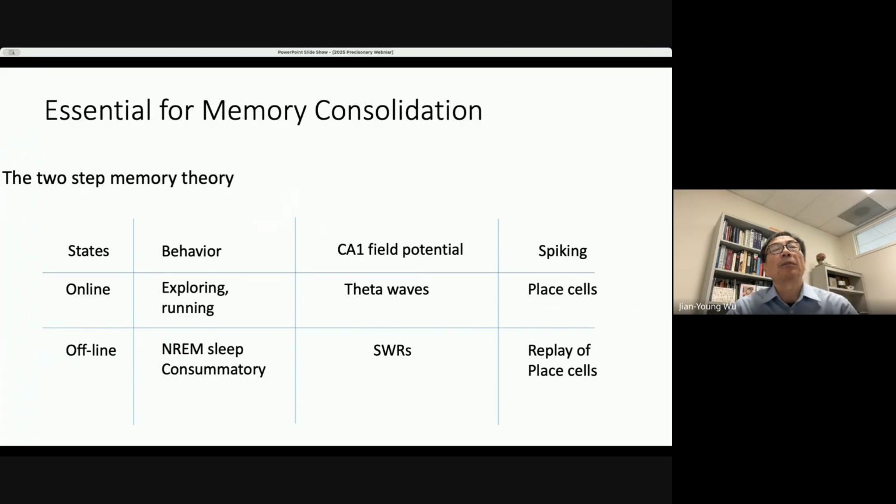The two-step memory process is basically this: during the offline period, during your sleep, those sharp waves will replay those sequences of place cells. Place cells is a definition for rodents.